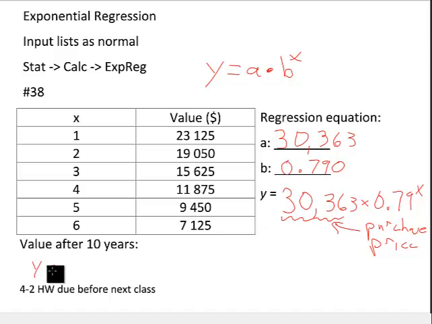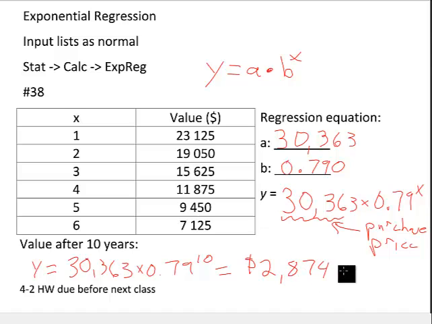We just find y when x is 10. So we take $30,363 times 0.79 to the 10th. And with some fancy calculator work, we can see that this is going to be $2,874.85. Okay, so there is an example of exponential regression.